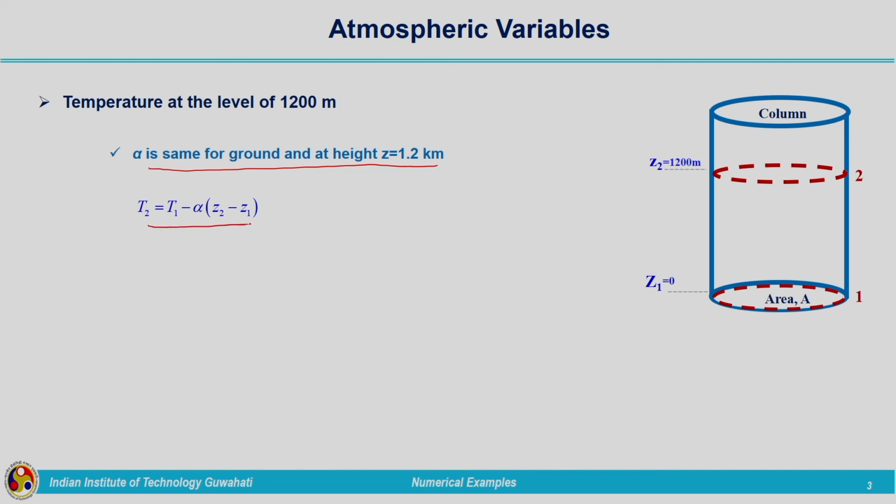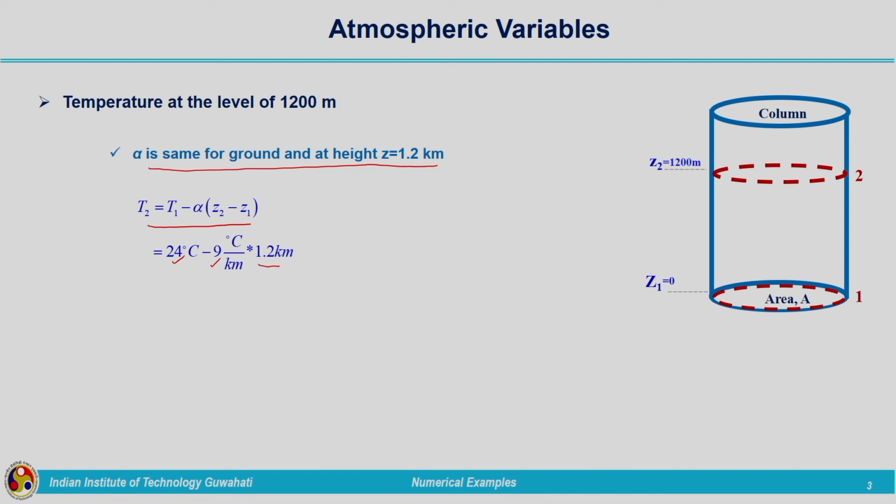T2 is equal to T1 minus alpha times (Z2 minus Z1). T2 is the temperature at the elevation of 1200 meters and T1 is the temperature which is given to us near the ground surface. Alpha is there with us and Z2 minus Z1 is nothing but our 1200 meters. So, we will substitute all those values. T1 is 24 degrees Celsius, alpha is 9 degrees Celsius per kilometer and Z2 minus Z1 is 1.2 kilometers.